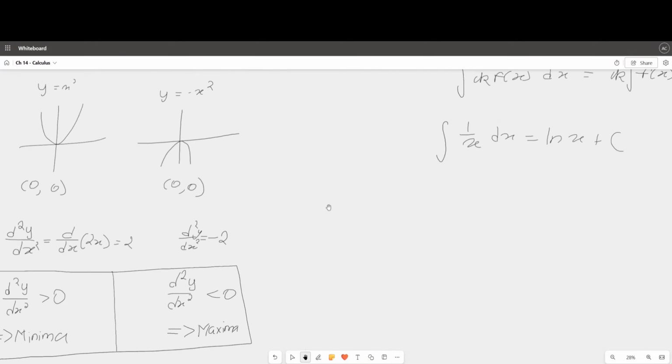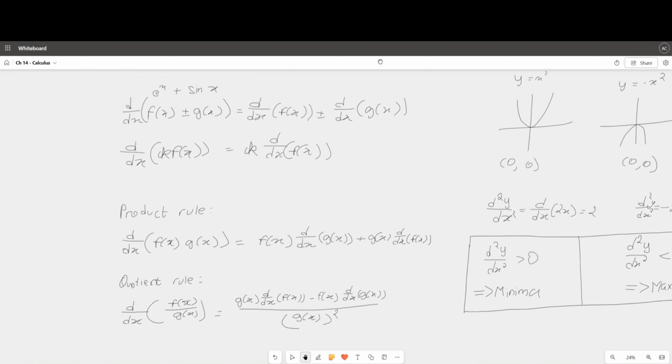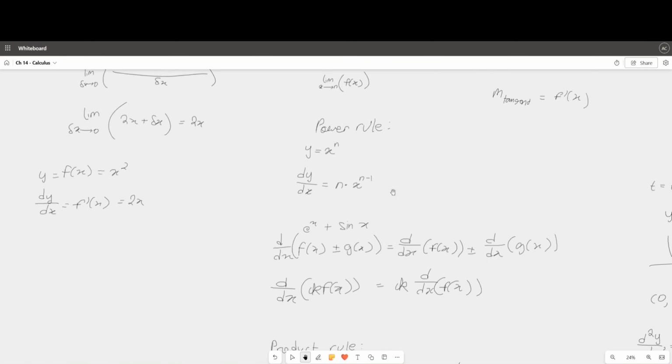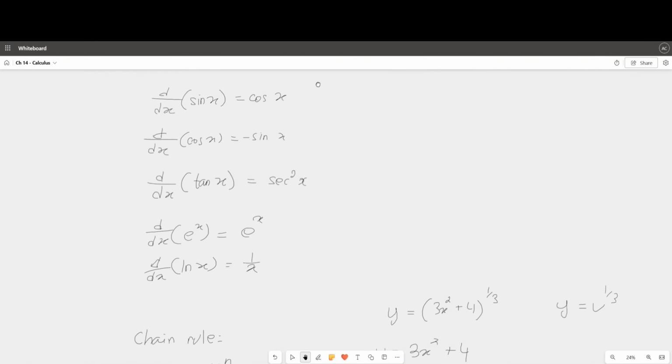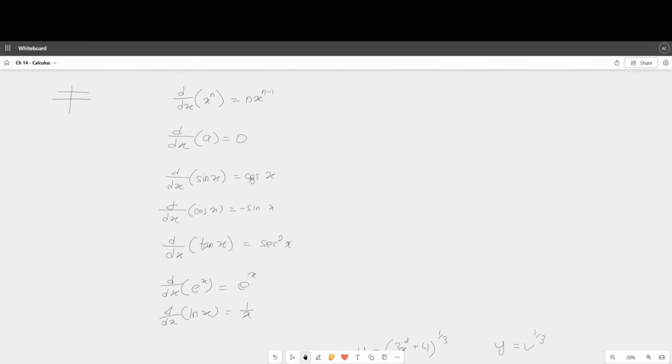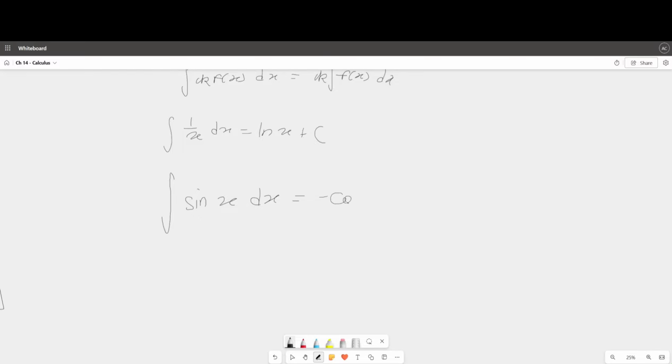And so if you remember these formulae over here, then the integral of cosine x is sine x, and the integral of sine x is actually going to be negative cosine x plus c, because the derivative of negative cosine x gives you positive sine x.